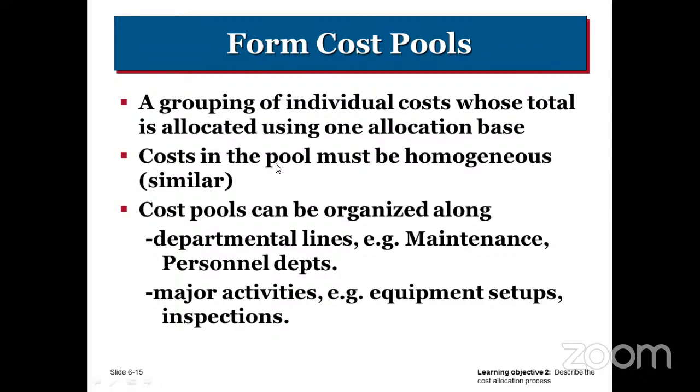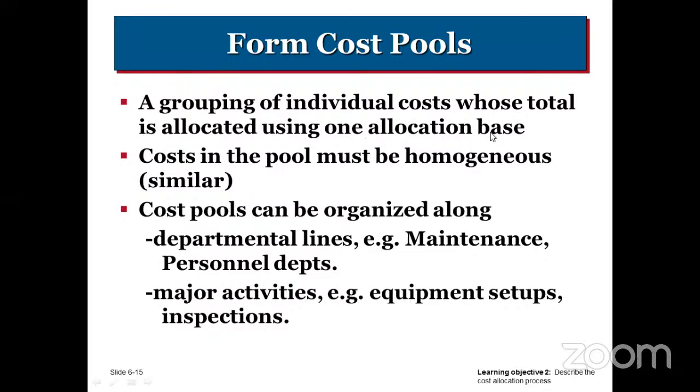Maybe it increases by another 10 to 20% over the next 3 years, but more or less you know your cost already. So it's a grouping of individual costs whose total is allocated using one allocation base. Remember this keyword, one allocation base. That means only use one basis for it.